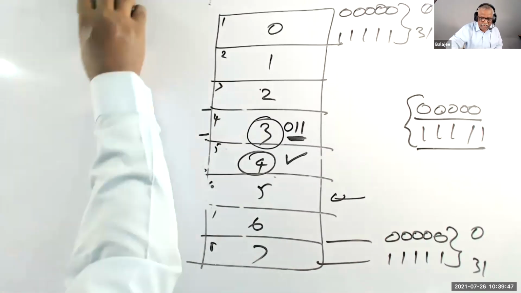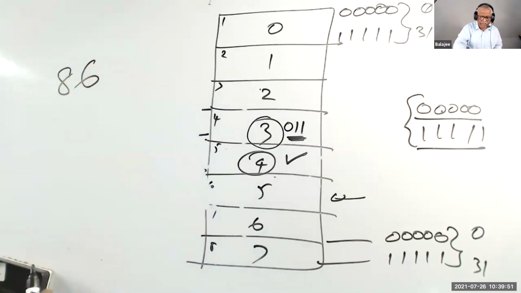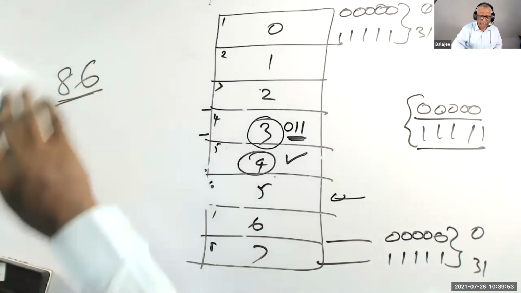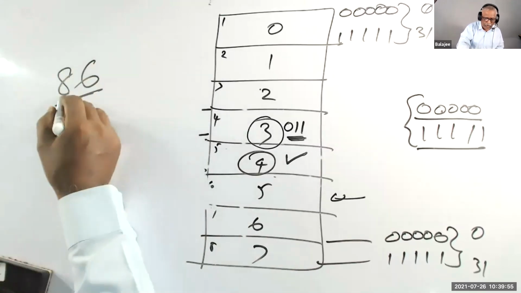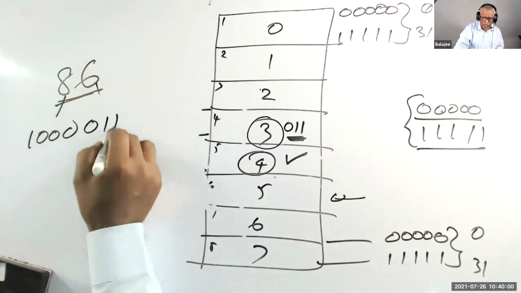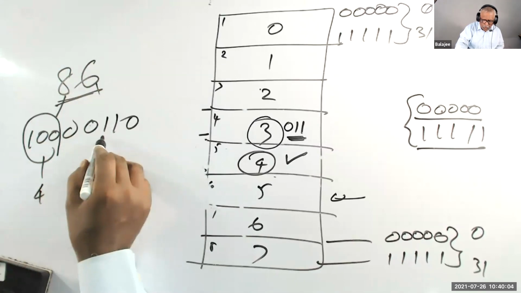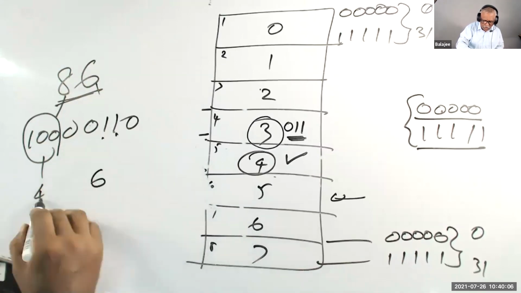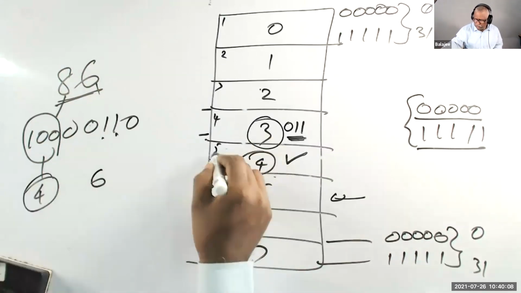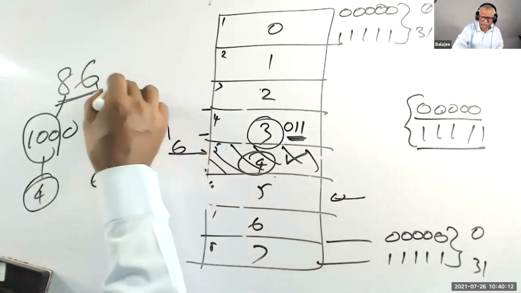Also please understand, when you write 86, this 86 does not mean decimal. It is 86 hexadecimal. That's why I convert it to 1000 and 6 is 0110. Now this belongs to the fourth block, and 4 plus 2, sixth page. So fourth book, sixth page is equal to 86.